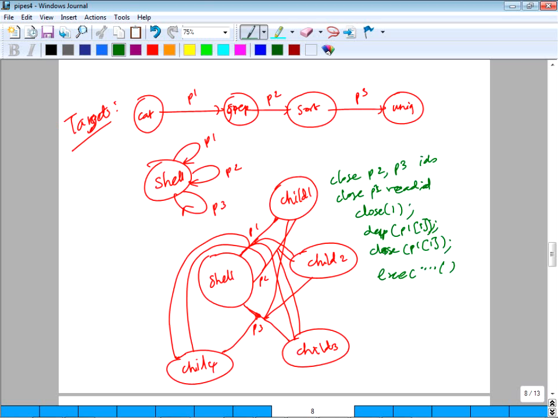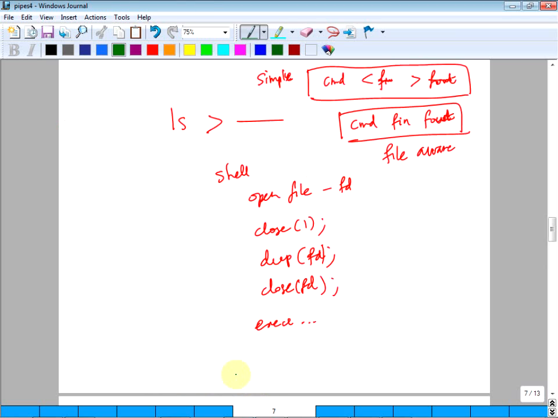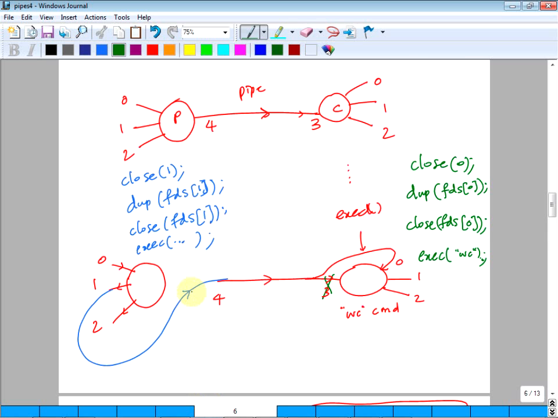So bottom line is, yes, it is a little bit more complicated, but it's not different from this mechanism. You are redirecting the input, you're redirecting the output, and then you do exec.